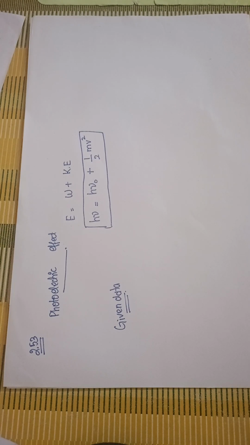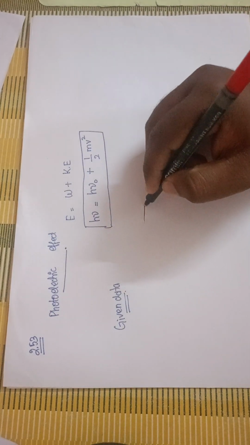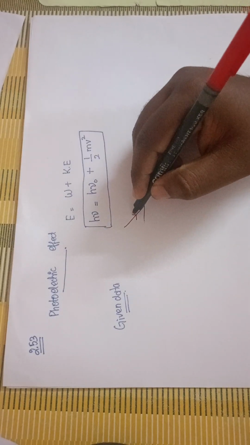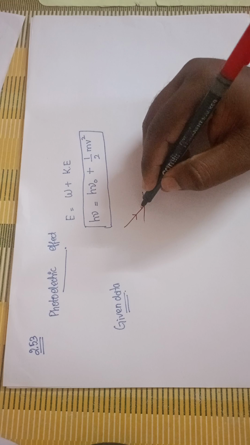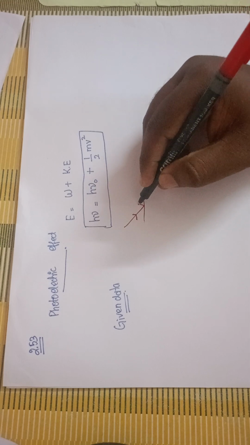So இப்போது இந்த கொஸ்டினில், ejection of the electron from the silver metal in the photoelectric effect experiment can be stopped by applying the voltage of 0.35 electron volt, which means ஒரு metal surface-ல் light பட்டு, we are sending a light which has a sufficient amount of energy to remove the electron from the surface.